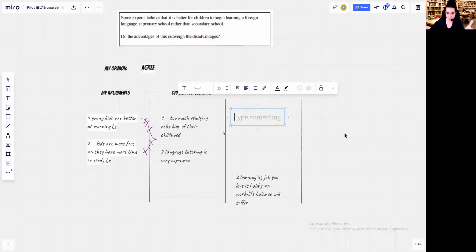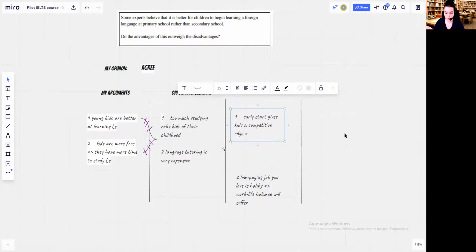Yes, and although it may take up much time, well, some are happy to make that sacrifice. So, this is the way I think. Too much studying robs kids of their childhood. It's true, but early start gives kids a competitive edge.